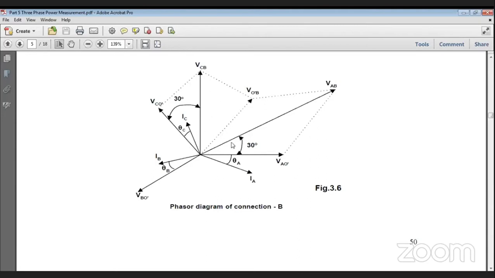And similarly for this side also. So W1 will be VAB into IA into cosine of 30 plus theta A. W2 will be VCB into IC into cosine of 30 minus theta C. These are typically the 2 equations as shown here.